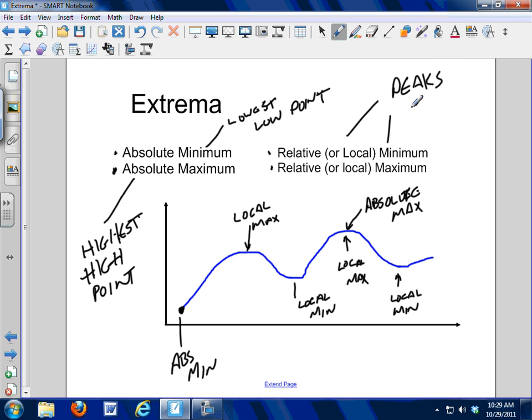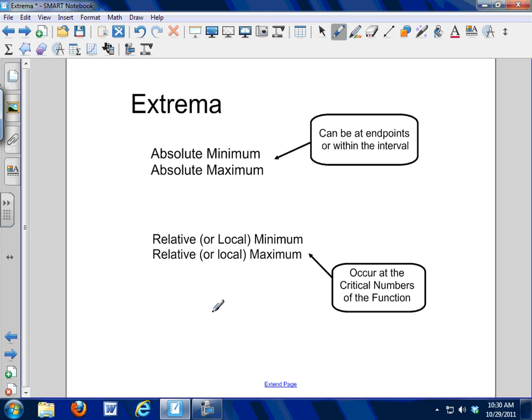We're looking for peaks and valleys, those are extrema, and the highest high point and the lowest low point. My absolutes can be at the endpoints or within the interval, and the relative or local max and mins occur at the critical numbers of the function.